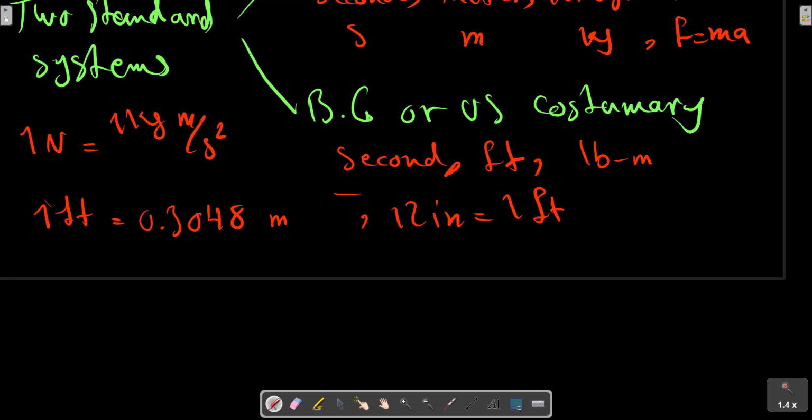The unit of mass in this system is the pound mass, as shown here.